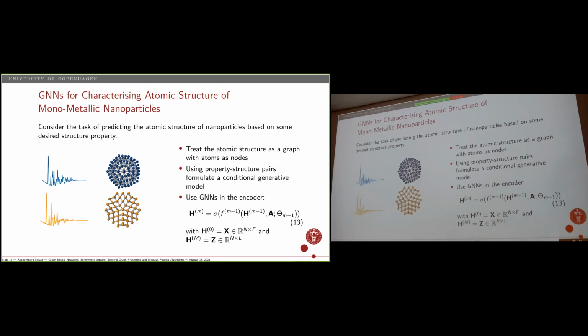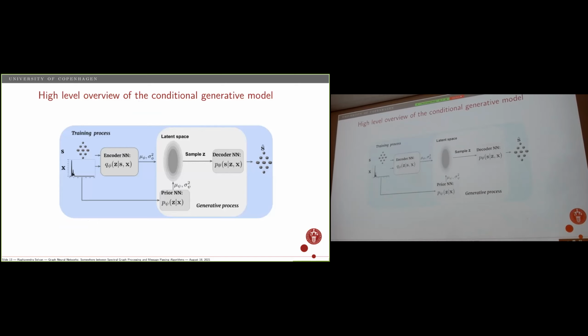So what we do here, let me get on to the model. It's a classic conditional variational autoencoder. The conditioning input is your property, which was the PDF in our case, the pair distribution function. During training, we give pairs of the structure and the property to the encoder. And where does the graph neural net come in?